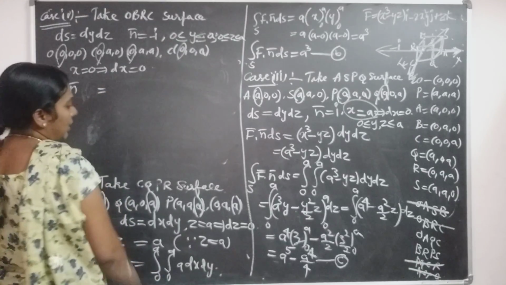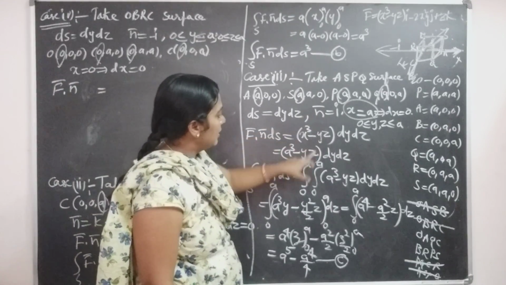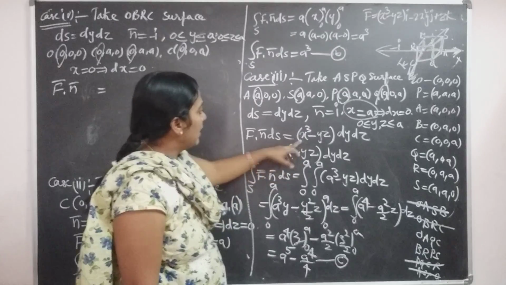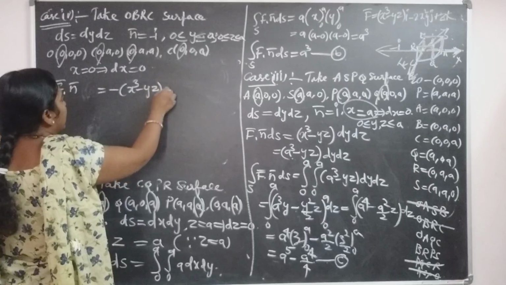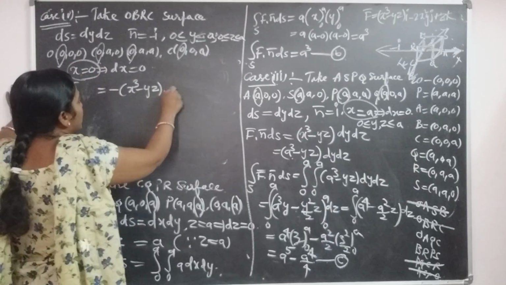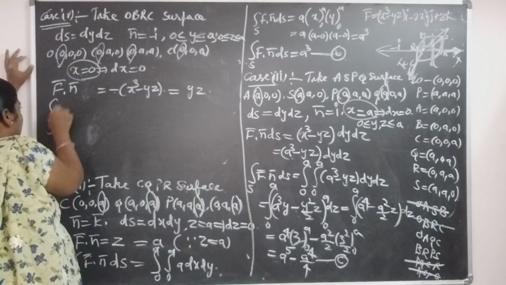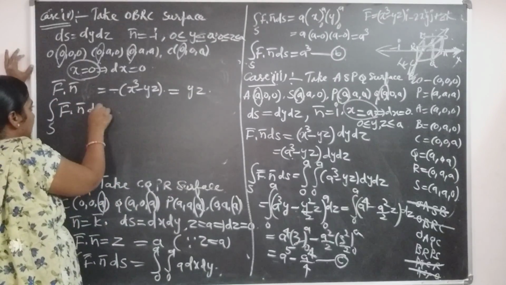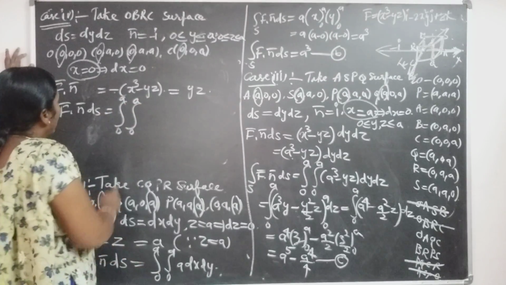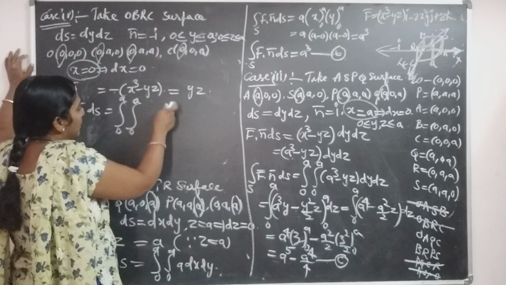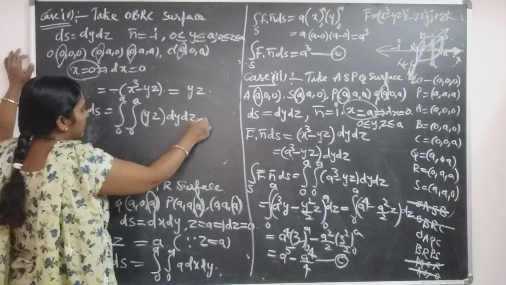F bar dot n bar is, here i is there, here minus i we are taking, that is minus of (x cubed minus yz), and we substitute x equal to 0, minus into minus gives plus yz. Surface integral of F bar dot n bar dS equals y limits 0 to a, z limits 0 to a, of yz dy dz.